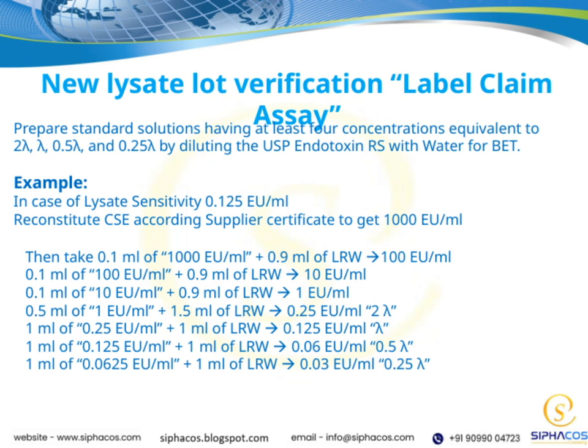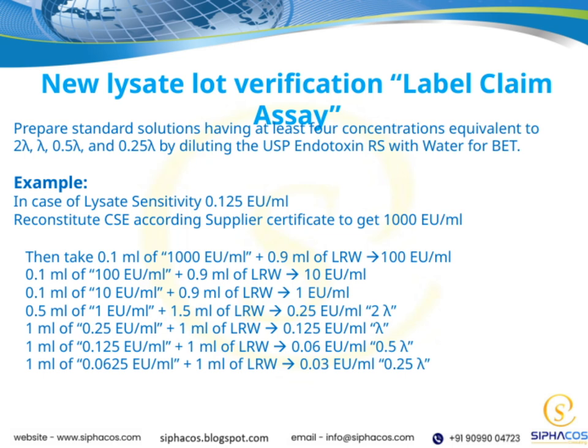The goal here is to prepare at least 4 standard solutions that match concentrations of 2 lambda, 0.5 lambda, and 0.25 lambda by carefully diluting the USP endotoxin reference standard with water for BET. For example, if your lysate sensitivity is 0.125 EU per milliliter, you should reconstitute your CSE according to the supplier's certificate to get a 1000 EU per milliliter solution.